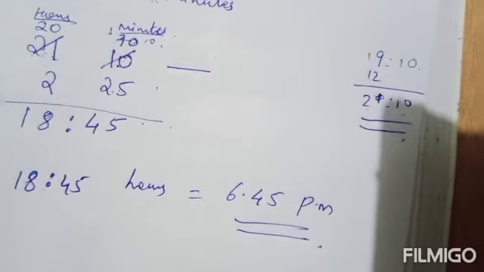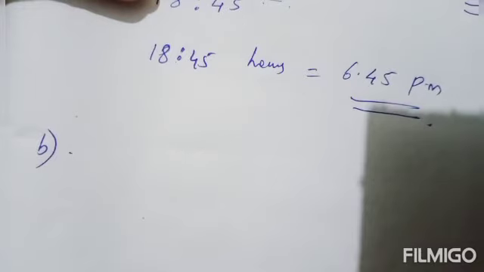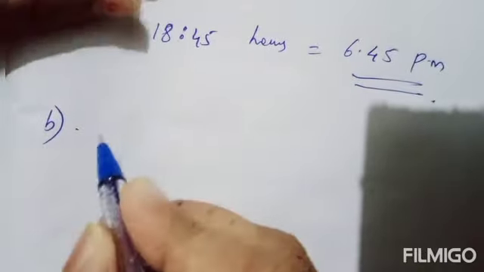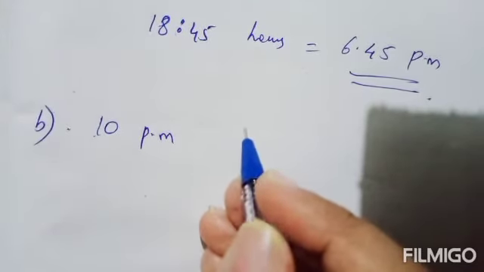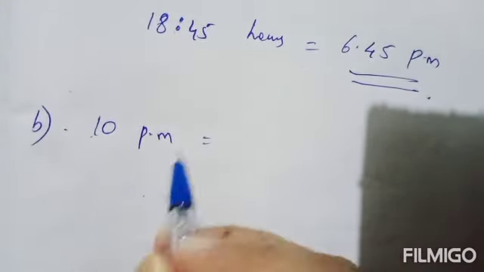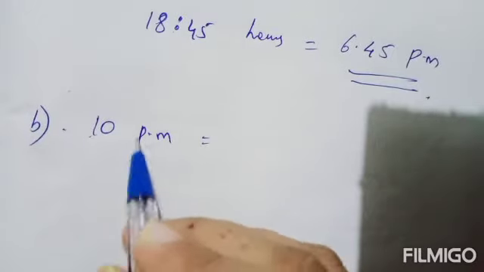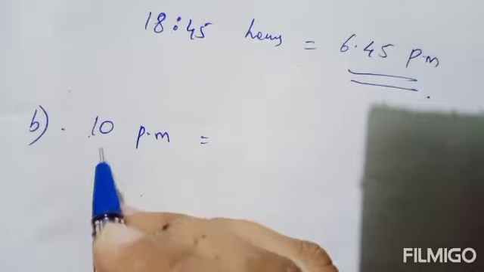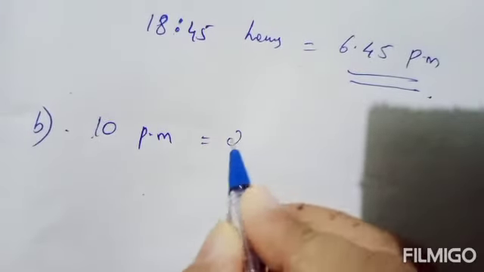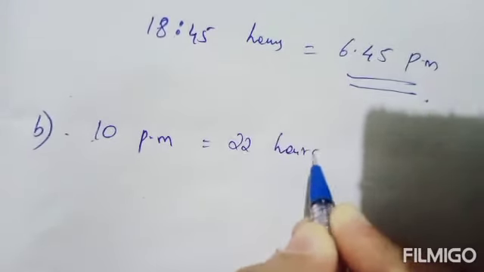Okay, next B, what is the time 5 hours after 10 PM? So let us convert 10 PM to 24-hour clock time. What will you get? The given time is in PM, so add 12 to this time. 12 plus 10, you will get 22 hours.